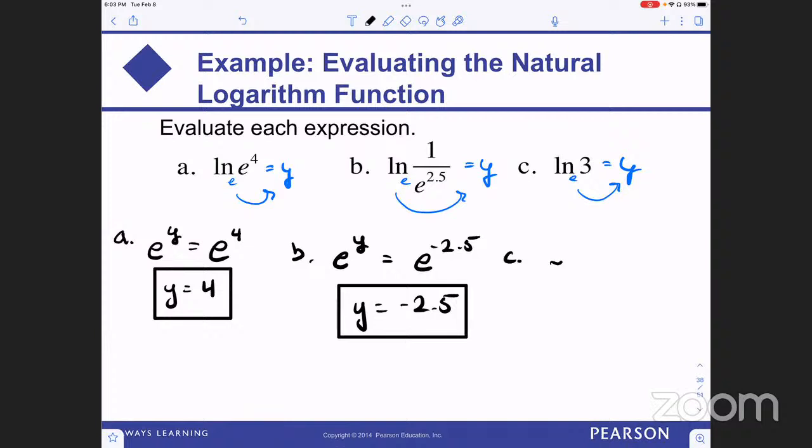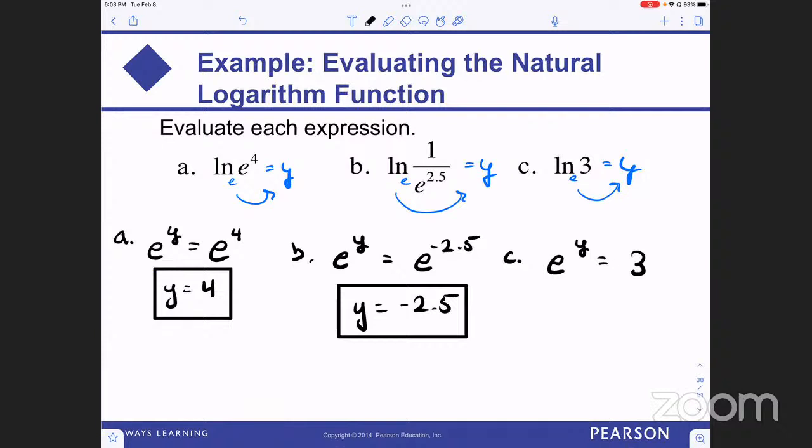Part C, we have e to the power of y equals 3. That one, actually, just use a calculator.